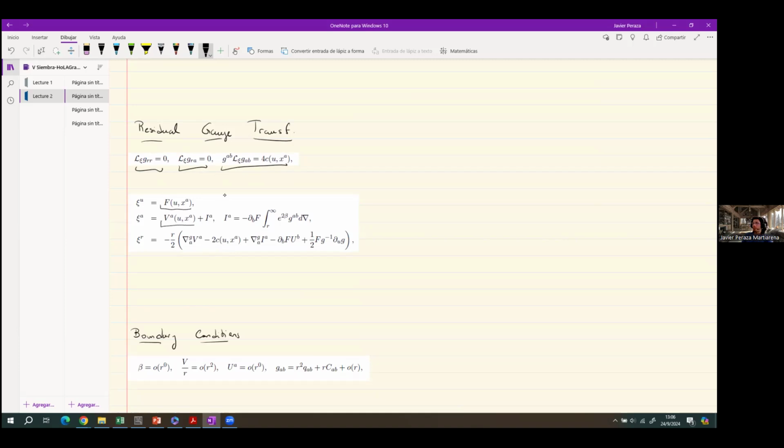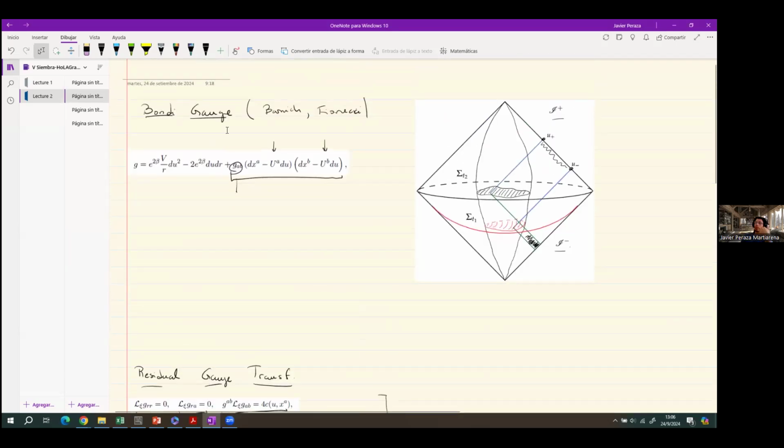Then we have some function, which is a vector on the sphere, remember that A is an index on the sphere, plus some function which will be subleading. And then we have the r component of the diffeomorphism, which is this one. So these are the residual gauge transformations that we have once we fix Bondi gauge.